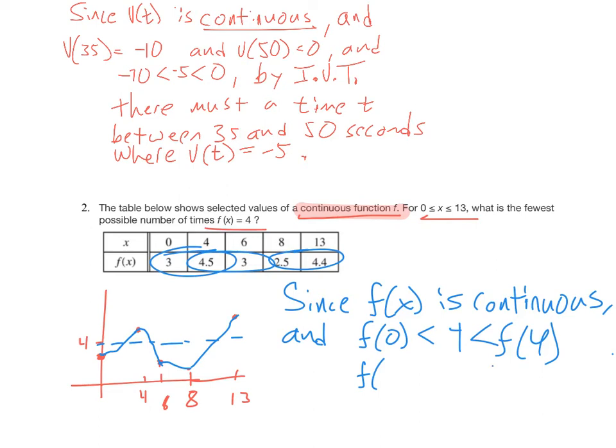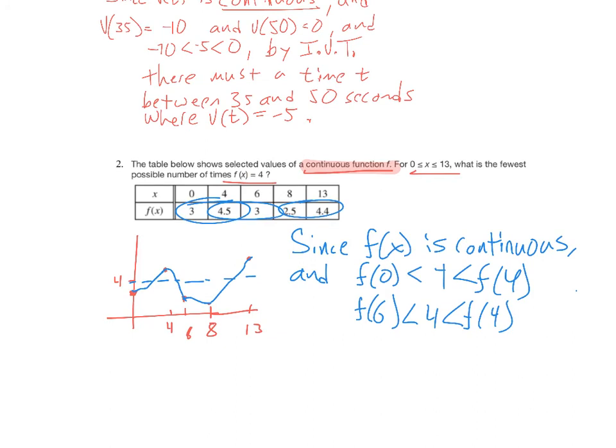Let's get this right. f of 4 is greater than 4, and f of 6 is less than 4. So that's our other in-betweener there. And then one more, we've got f of 13, right? So in other words, we got these 3 intervals, all right? A couple ways to say this, but 4 is in between there. The fewest number of times must be 3.